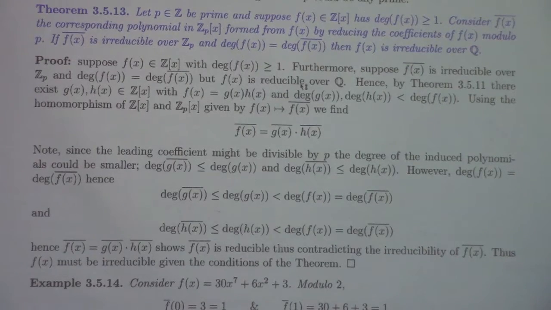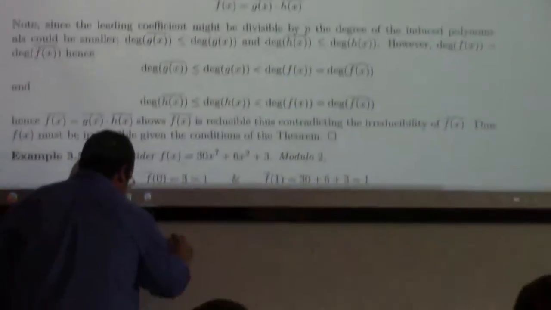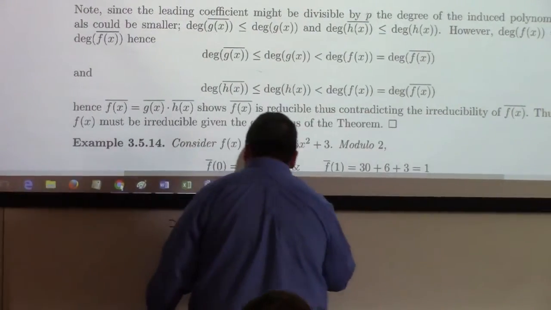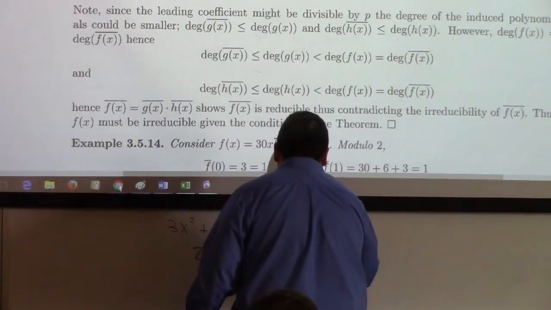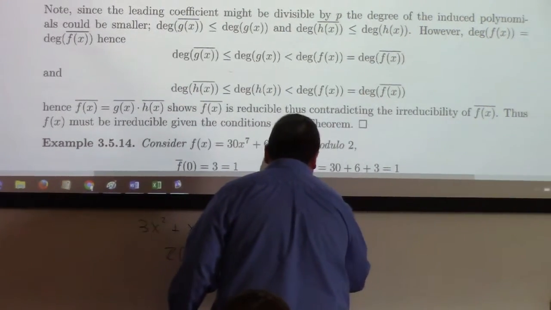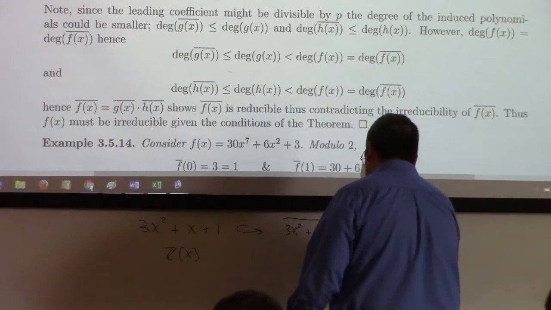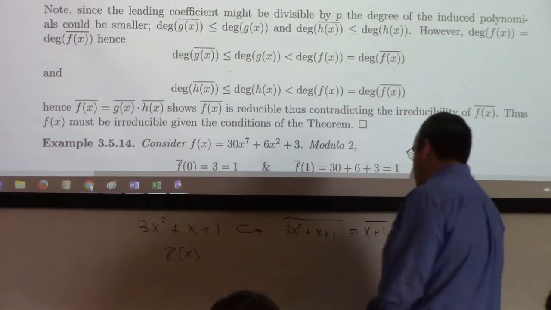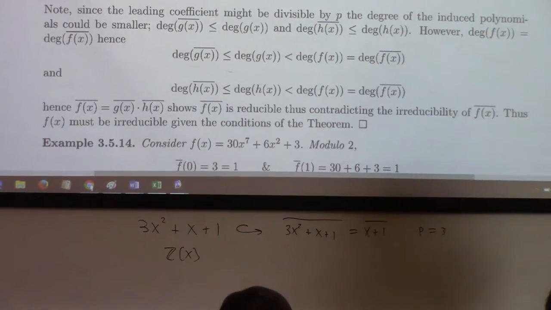So like, we could have a quadratic in Z of x, and if we apply the reduction homomorphism, say mod 3, then this is equal to what? Just this, right? The leading coefficient's no longer at second order. So in general, when we use this reduction homomorphism, we could lose degree.